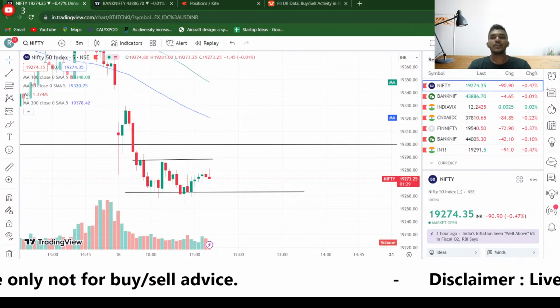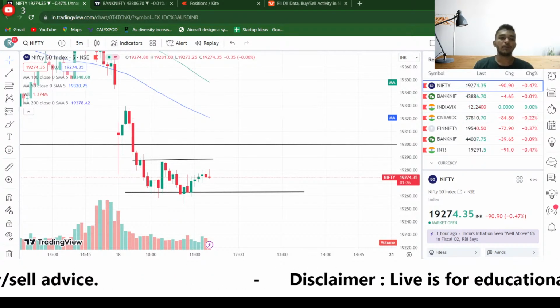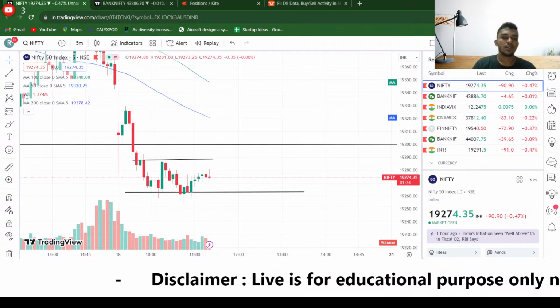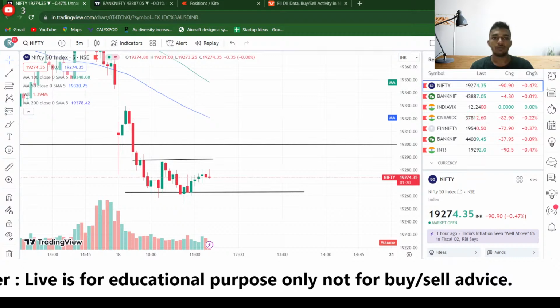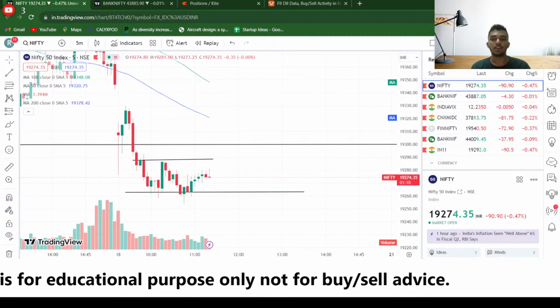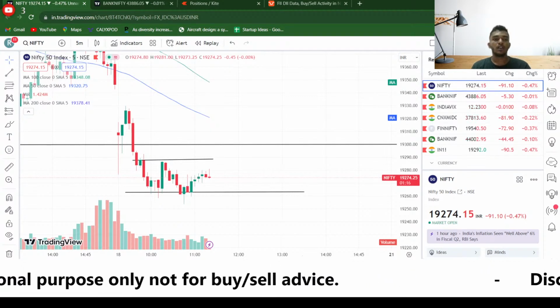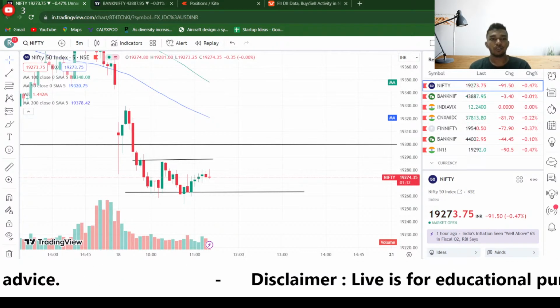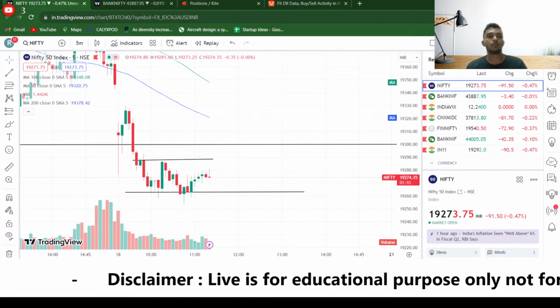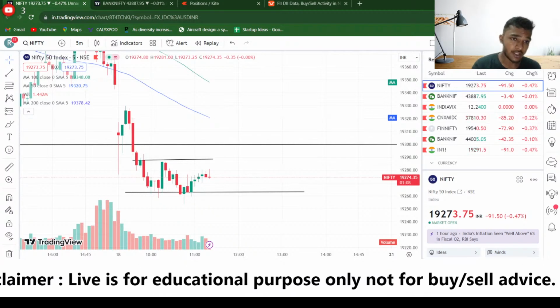So Nifty is forming a bearish hammer candle. If it stays below the 275 area, then it can go further down, till we have support at the bottom of the range.